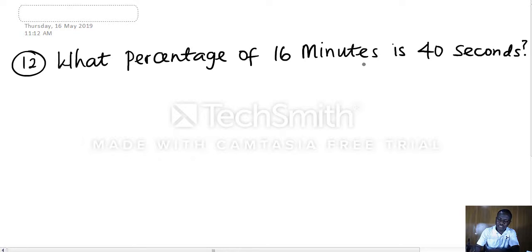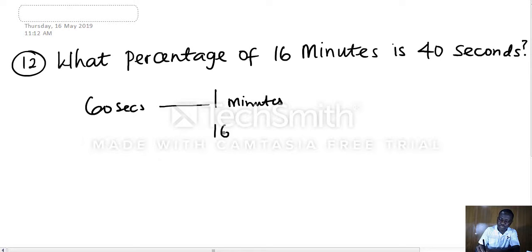So in converting 16 minutes to seconds, you agree with me that 60 seconds is equivalent to 1 minute, from our discussions on time. So if 60 seconds is equal to 1 minute, it therefore means that 16 minutes will be equivalent to how many seconds?